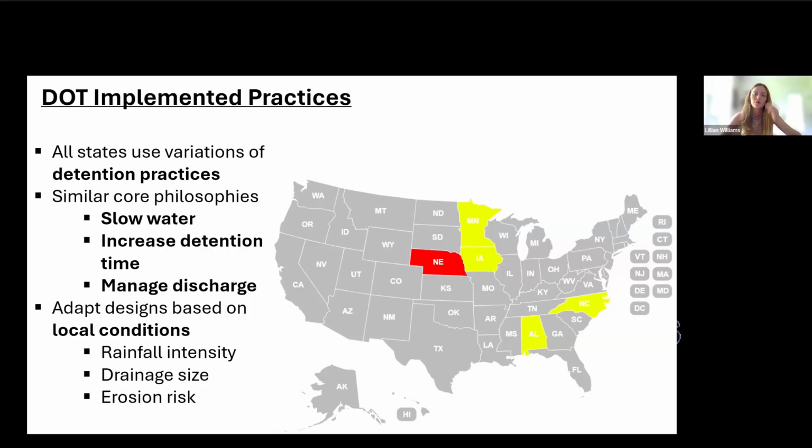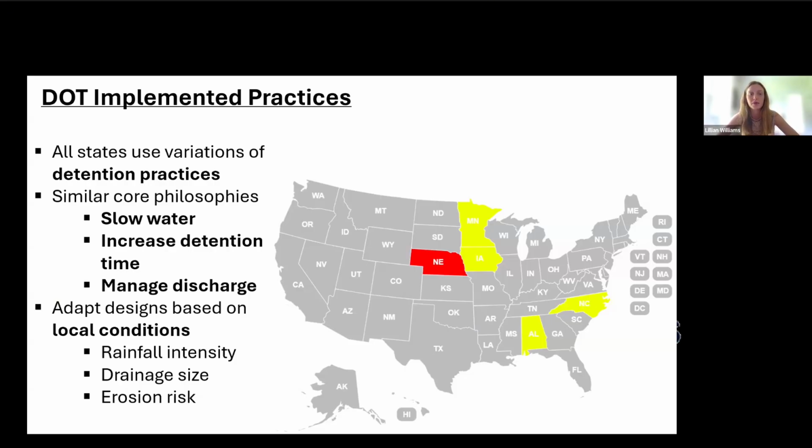Other things that we found from looking at different state DOT manuals was that maintenance is essential. So sediment removal and drainage upkeep are required in many of these states and on their inspection list. And then they control discharge through either weirs or risers or skimmers to improve that water quality.